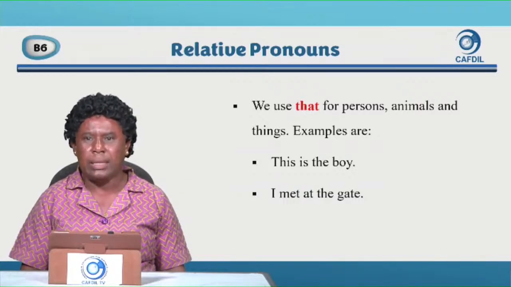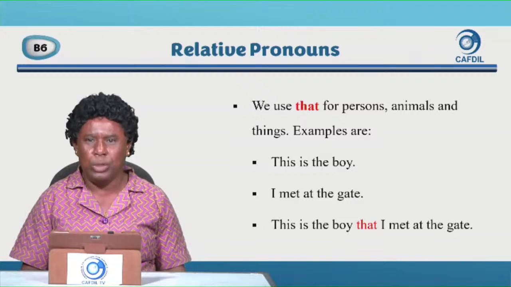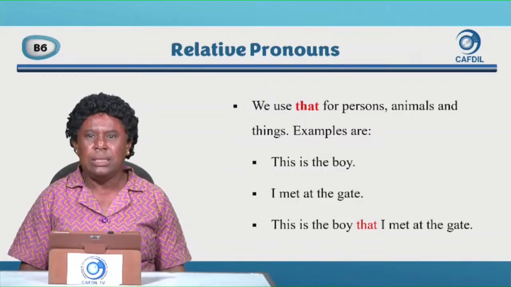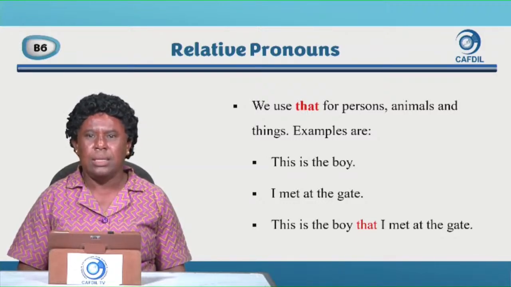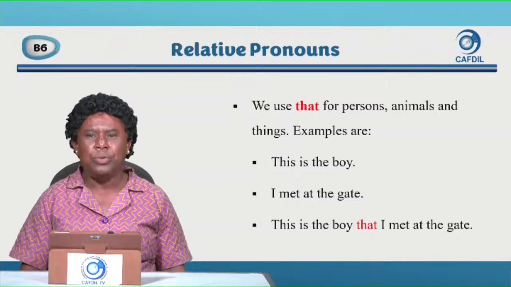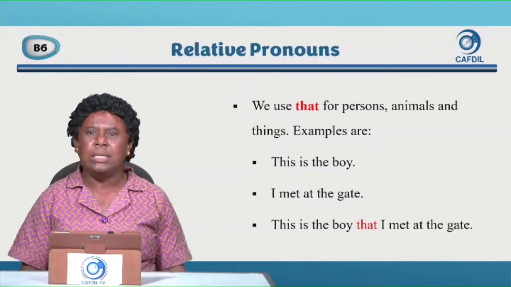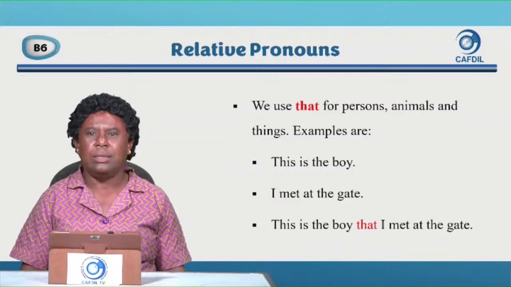I met at the gate." Now let's read the complete sentence together. This is the boy that I met at the gate. So here the right relative pronoun is that, and it is referring to a person, a boy. Right. Let's continue.